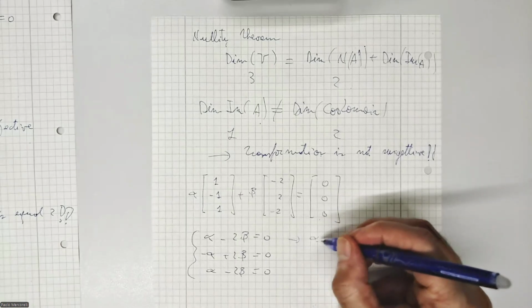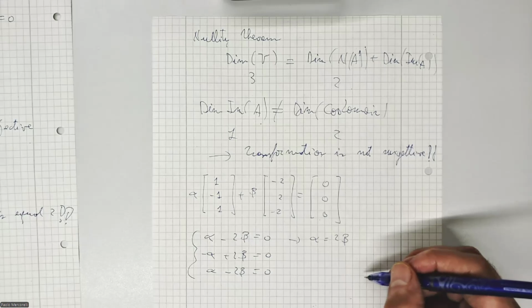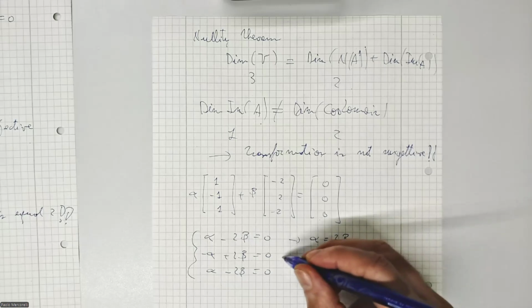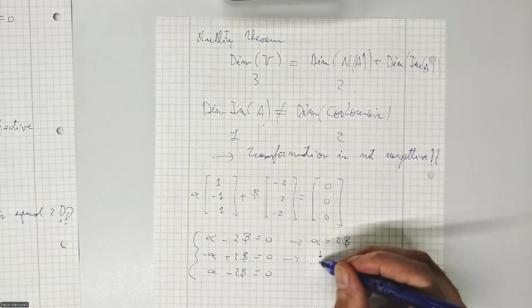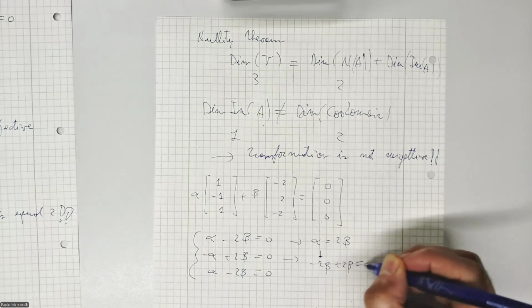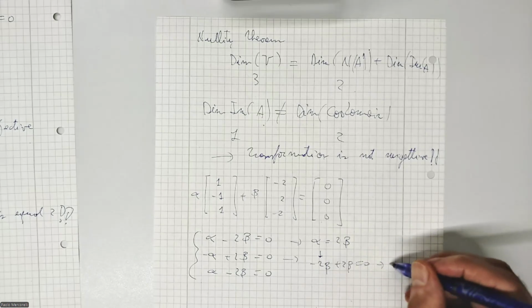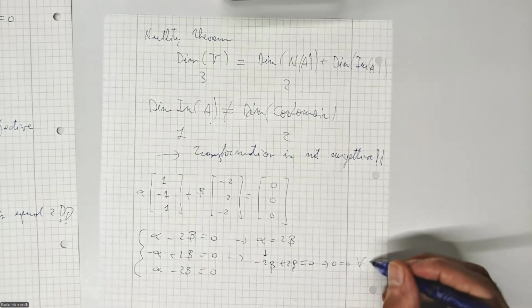From here we have alpha equal to beta. If alpha equals beta, I transform here. We have minus 2 beta plus 2 beta equals 0. This means 0 equals 0. Please pay attention, for each beta.